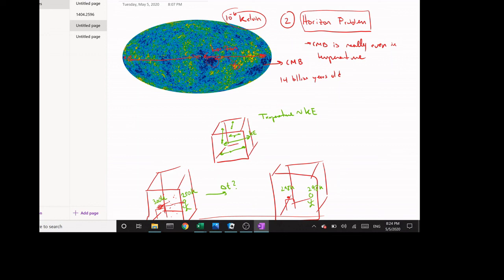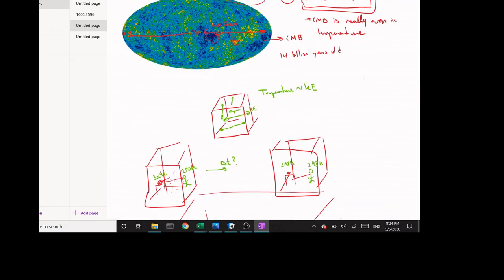In fact, everywhere in the universe is at the same equilibrium temperature, even though the amount of space that separates all these points is way too far for the photons to have made enough round trips to come to a thermal equilibrium. And that's why we call it the horizon problem. The CMB should not be equal in temperature everywhere, and yet it is. And we can calculate this, actually.